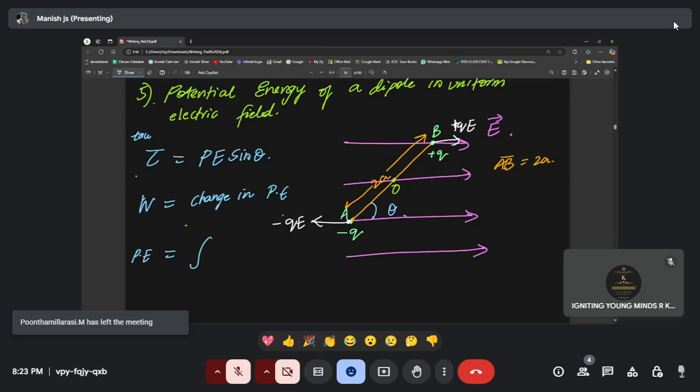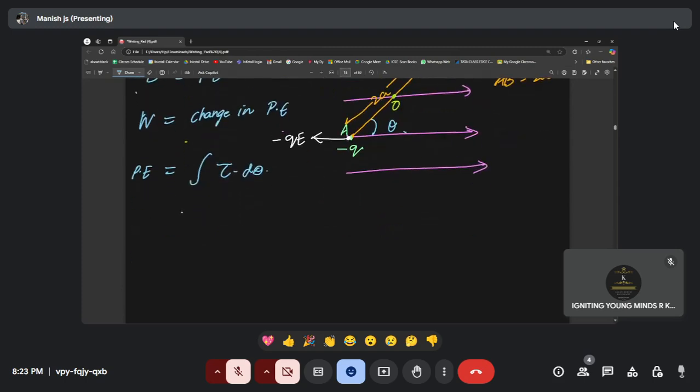Therefore, we will write potential energy as the integration of tau into d theta. As theta is changing, we can write this from theta 1 to theta 2. The torque formula I just wrote there is P E into sine theta into d theta.